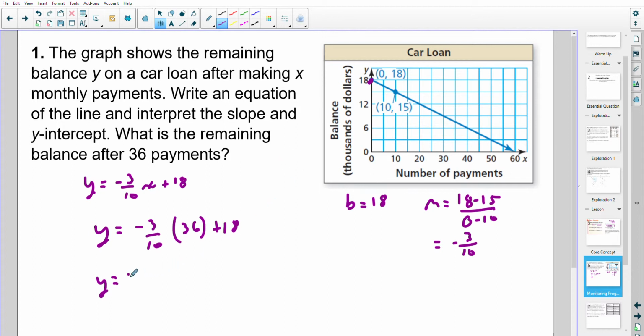So it would be $7.2 thousand, which means $72,000. Correction. That's going to be $7,200. Multiplying this by 1,000, or 3 decimal places to the right.